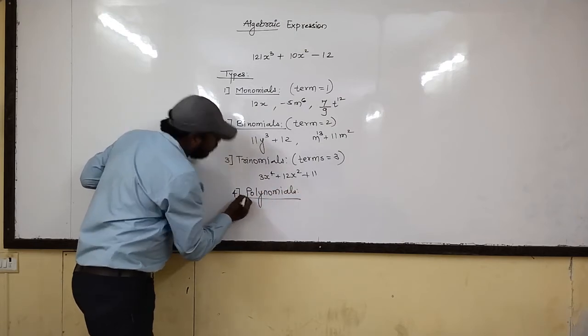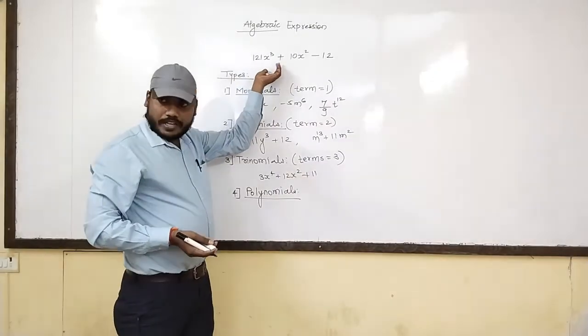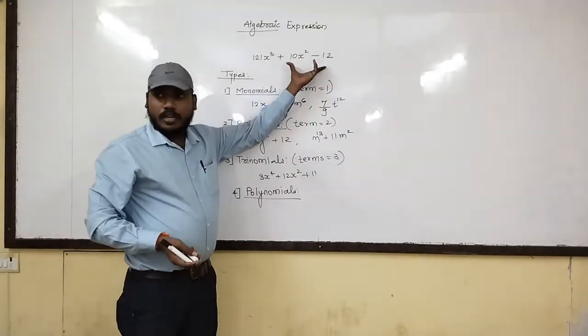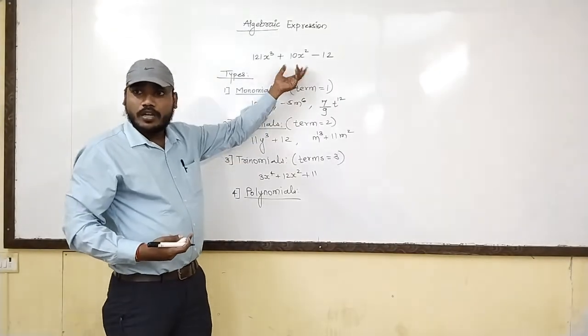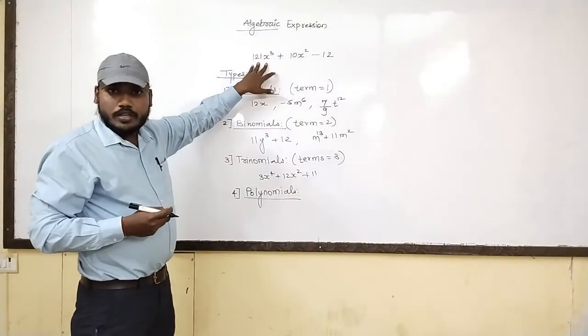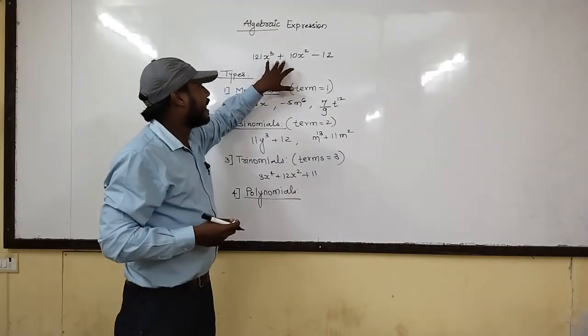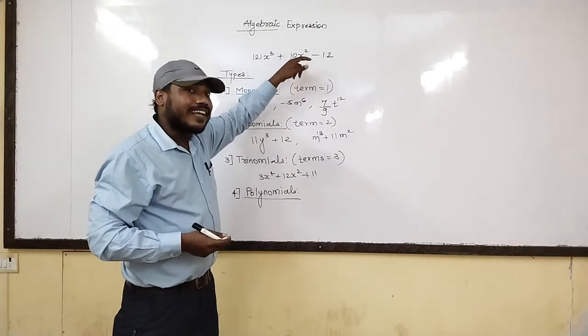Try to understand. In algebraic expressions, we have numbers with some variables, with plus or minus signs. In these mathematical expressions we have understood the terms, right? How many terms we have depends on how many signs we have.